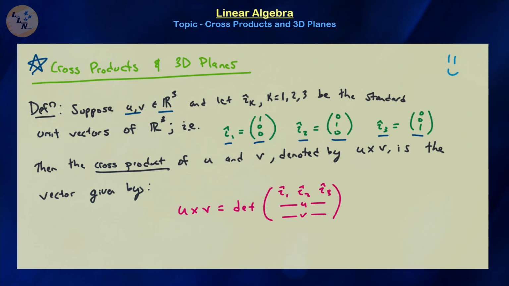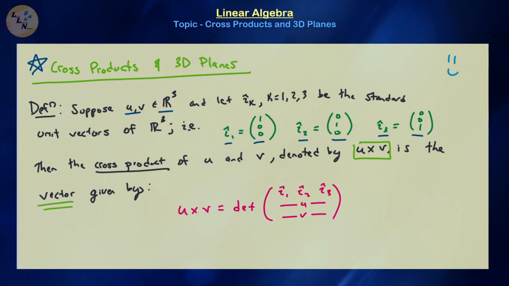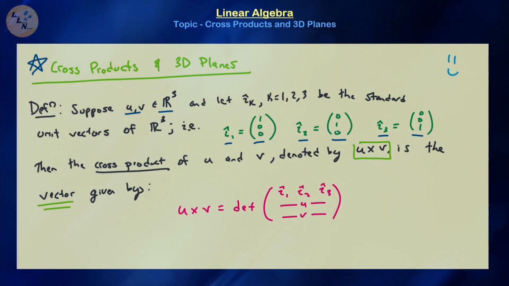So we define the cross product between u and v, and we're going to be denoting it by u cross v, and the result is going to be a vector, and that's very important to keep in mind. Because remember, when we did the dot product between two vectors, it gives us a number, but the cross product between two vectors is going to give us another vector.